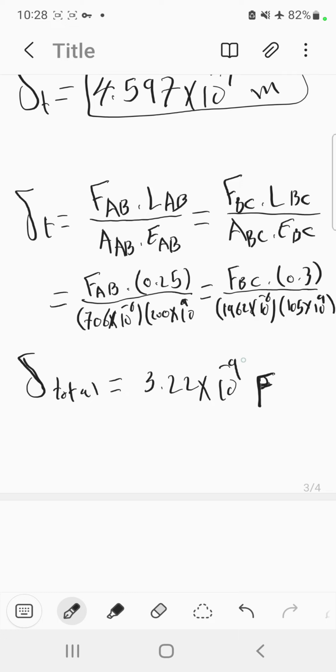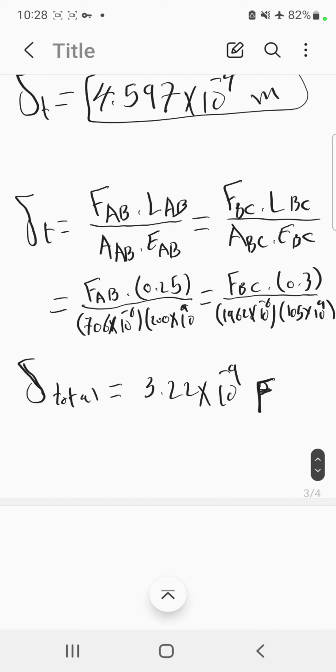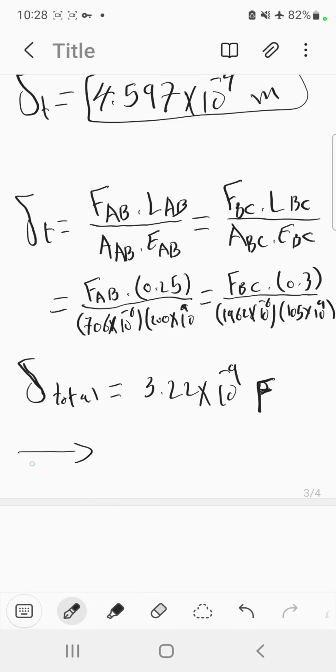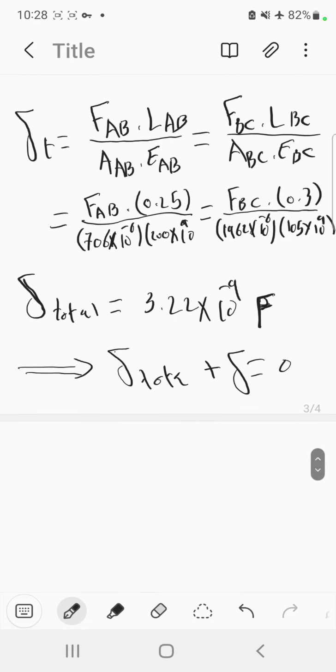Then we plug this equation in our first equation, which is the thermal total plus the force total equals 0.